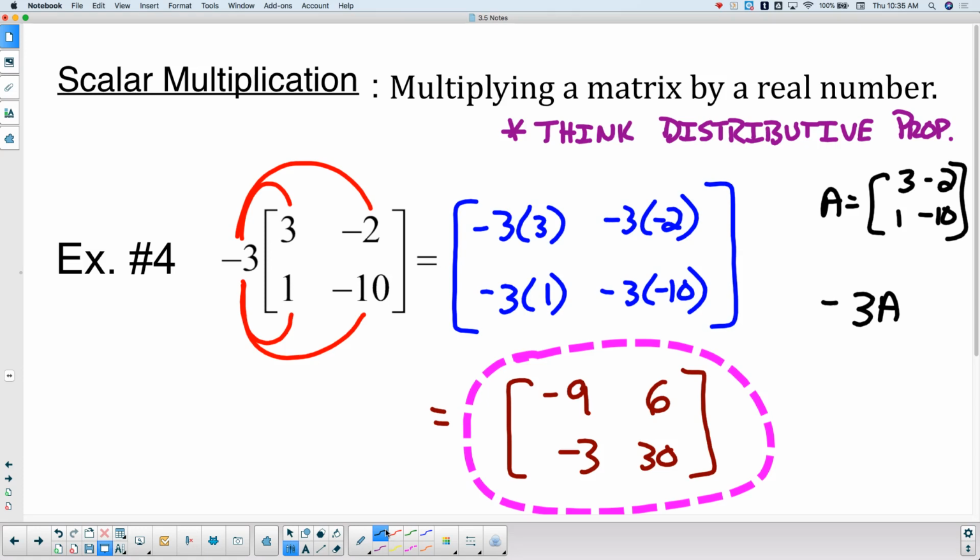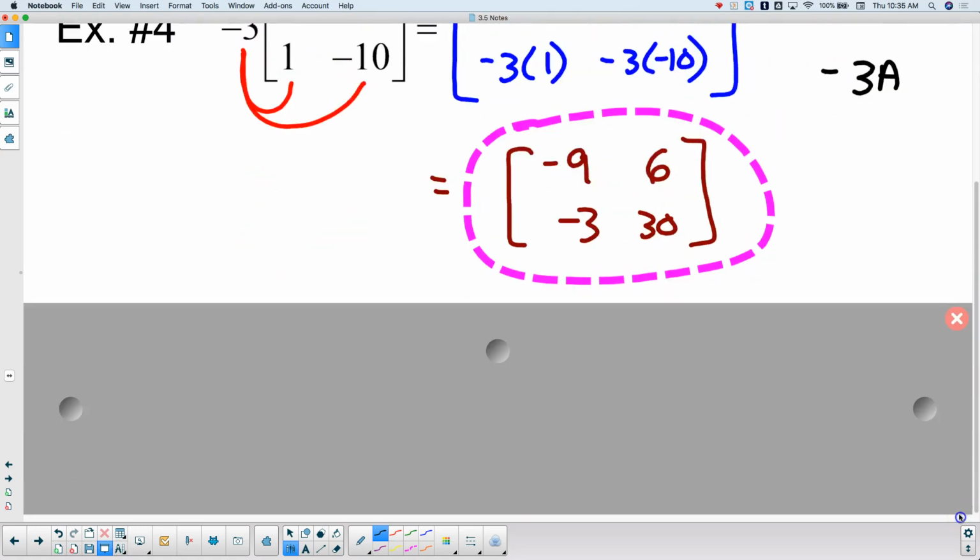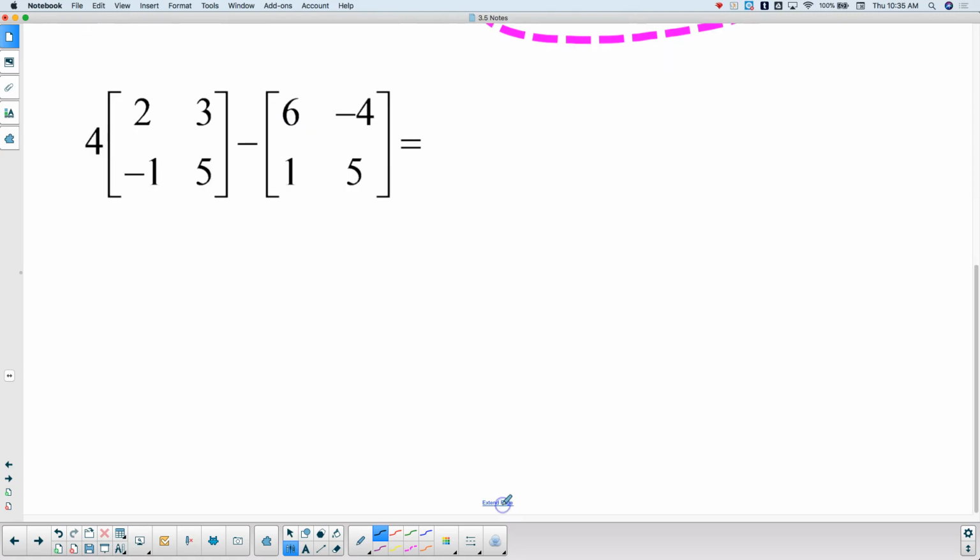Again, it's just like the A plus B or A minus B problem that we just had before. We can also scalar multiply one matrix or both matrices, and then add or subtract them together.